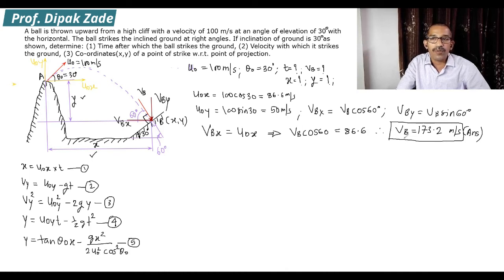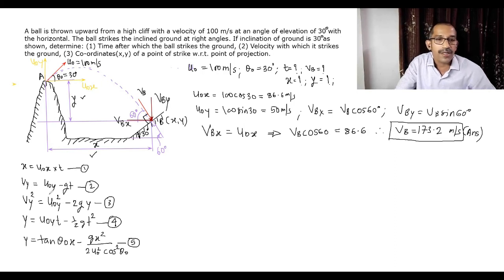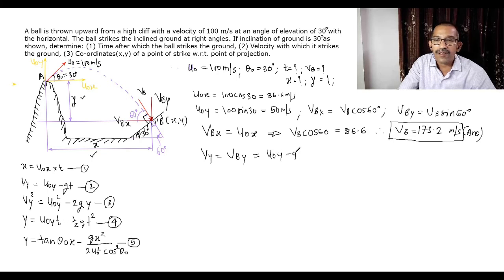Now you know VB, that means you know VBY, because VBY is VB sin 60. VBY is known. Now in equation number 2, if we check, u0y is already known. Vy means VBY is known. That means you can find out the time required. Vy equal to VBY, the final component of velocity in vertical direction, is u0y minus gt.